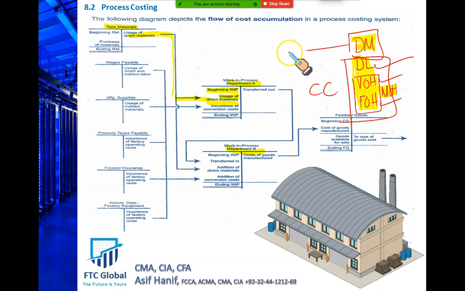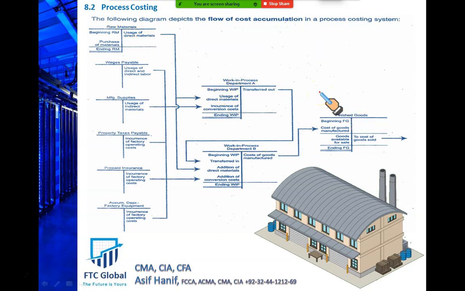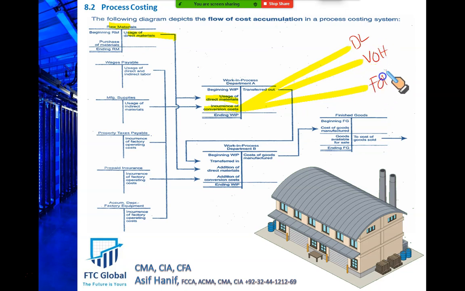So we will have 2 categories of cost, direct material and conversion cost, and that is exactly what you see here, that you have utilized some material from your warehouse and then you incur some conversion cost. Look at this very closely, incurrence of conversion cost. And when you say conversion cost, you're talking about 3 things: direct labor, variable overheads, and fixed overheads. So please remember, we will consider these 3 costs combined in process costing.